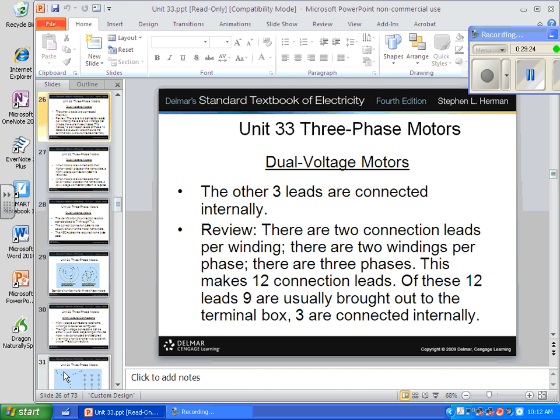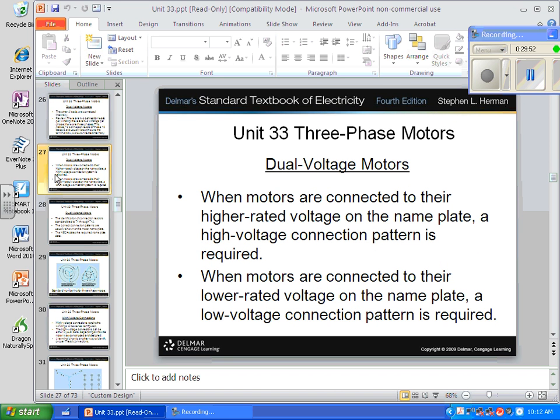The other 3 leads are connected internally. There are 2 connected leads per winding. There are 2 windings per phase. There are 3 phases. That makes 12 connection leads. Of the 12 leads, 9 are usually brought out of the motor. So it's called a 9-lead motor.